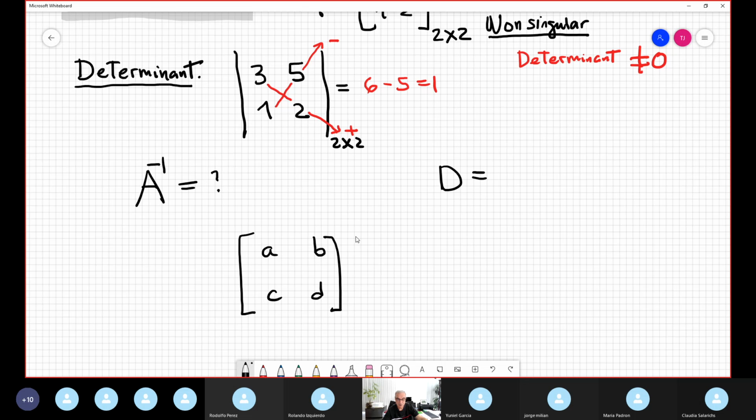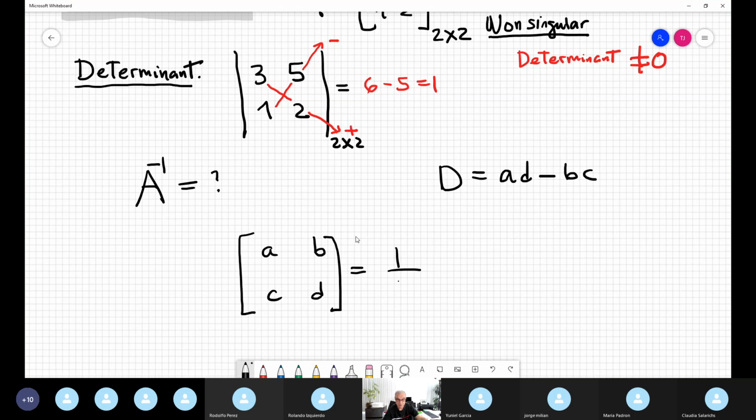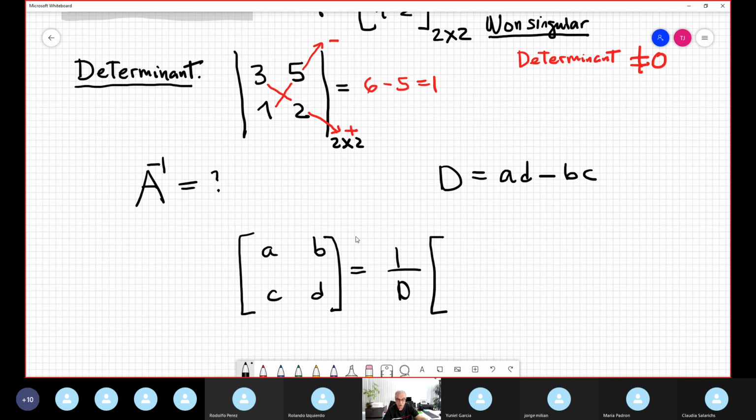The determinant is A times D, positive, minus B times C. Okay, super. And you divide the matrix by this number, 1 over the determinant. And the action that I'm doing inside is you interchange A and D. You put D here and A here. And B and C stay in place, but I change their sign.